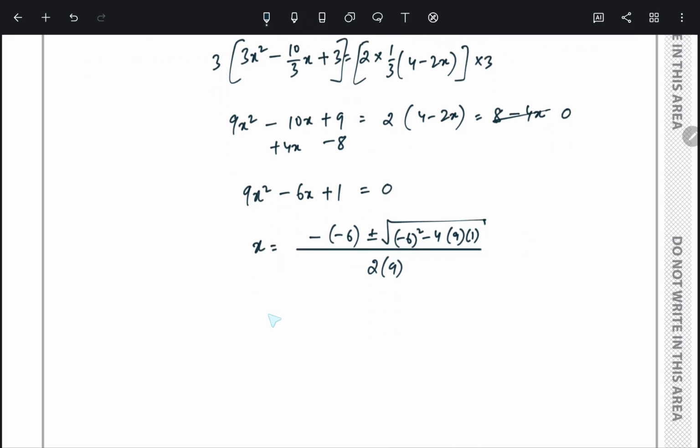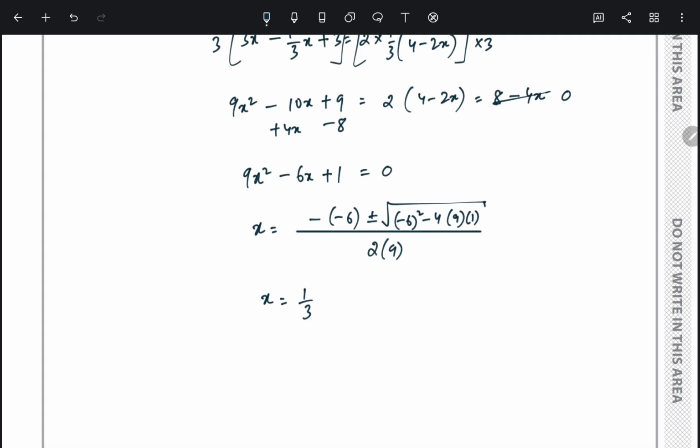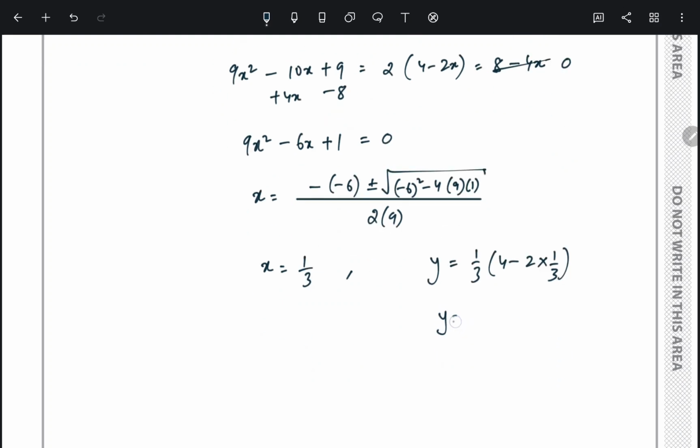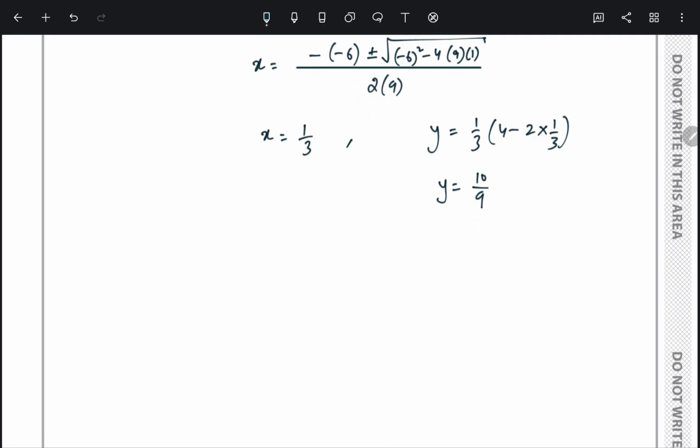Now you put that in the calculator, you get two values of x. One is 1 by 3 and the other is 1 by 3. And you insert this in the equation for y. y was 1 by 3 into 4 minus 2 into 1 by 3. And this will come out to be 10 by 9. And that's our answer.